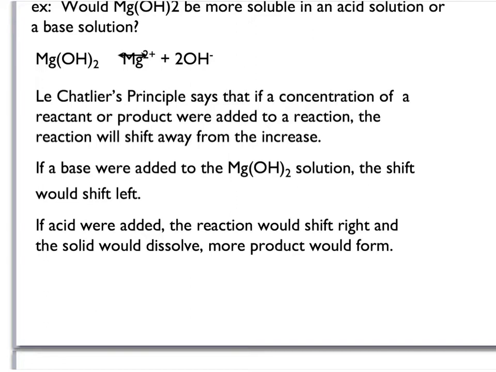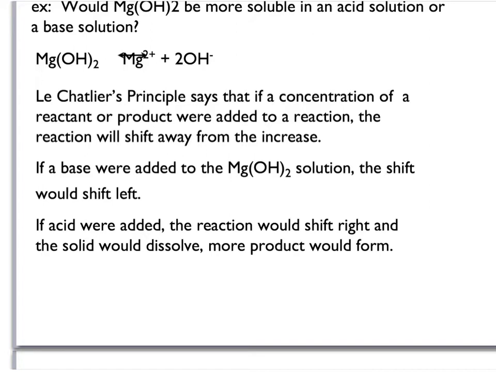So in this case, if we're looking at magnesium hydroxide, and we're going to add it to a base, we want a strong base, something that's going to dissociate and has hydroxide ions in it, so that we have that common ion. If we put magnesium hydroxide in a solution of, say, potassium hydroxide, that potassium hydroxide is going to have OHs.